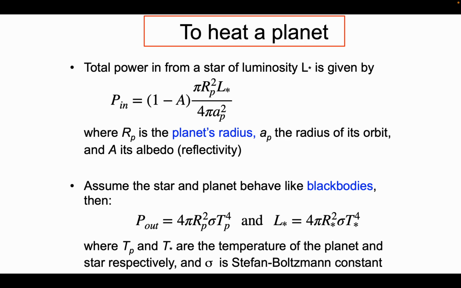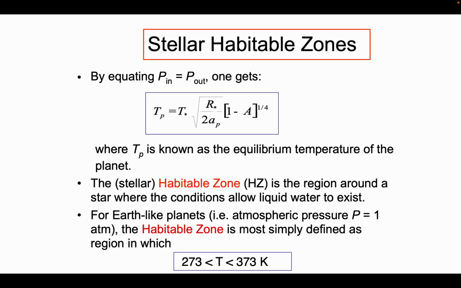We will assume that the star and the planet behave like black bodies, so sigma T to the power 4 times 4 pi r squared is the power out, and the luminosity of the star is related to the radius of the star and the surface temperature of the star.